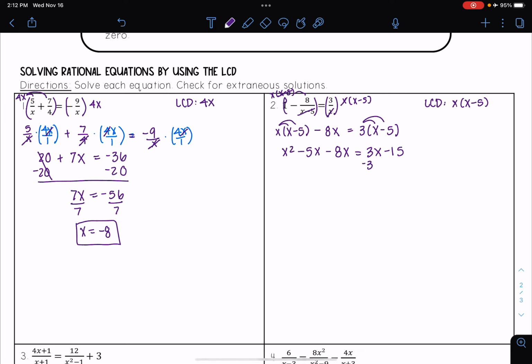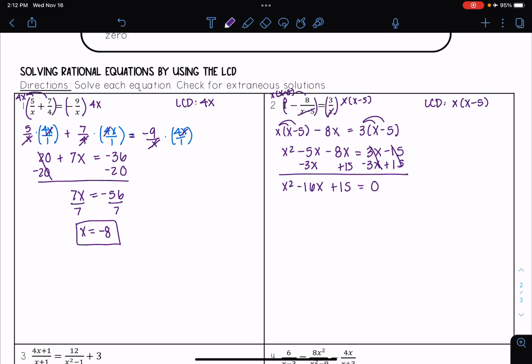So I'm going to subtract 3x and add 15. And so I get x squared minus 5x minus 8x minus 3x, I get negative 16x, plus 15 is equal to 0.